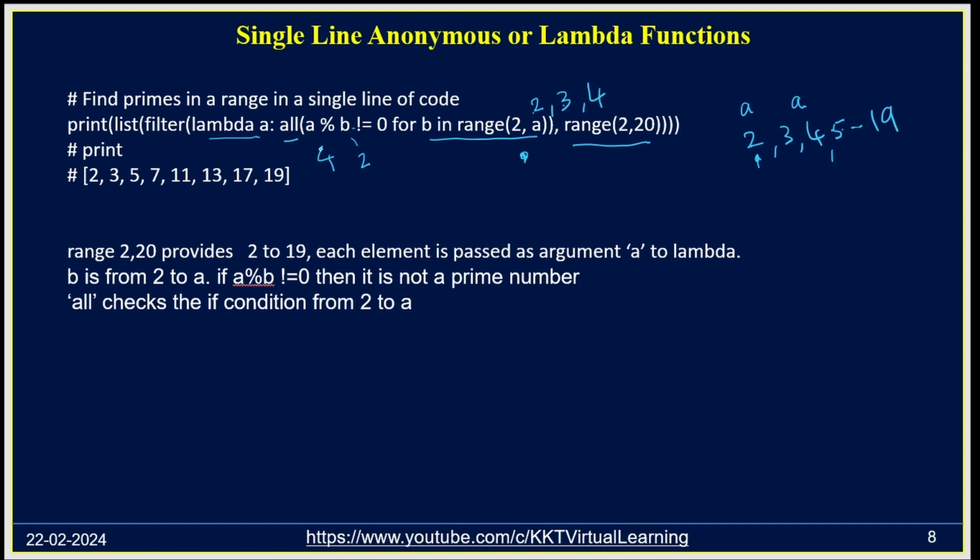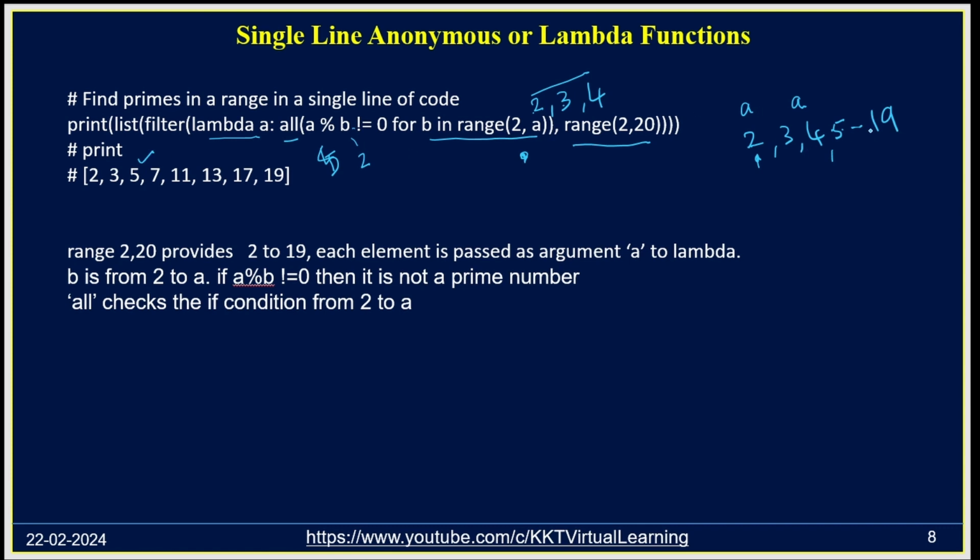First it will be divided by 2. There is a remainder, that means it is not equal to 0. Then it will be divided by 3. Again you will get a remainder not equal to 0. Divide it by 4. Again the remainder is not 0. So after dividing 5 by all these numbers, you are not getting 0. So 5 is a prime number.